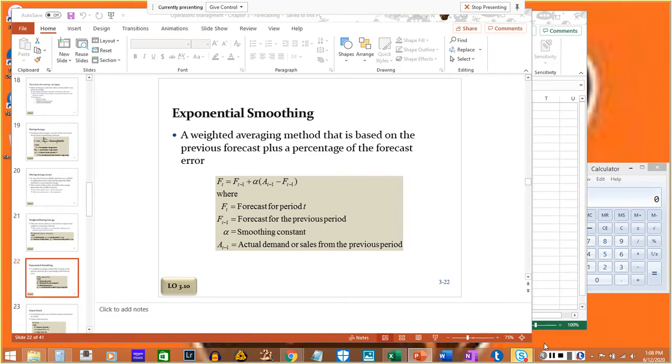We'll move on to the third time series forecasting averaging technique, and that's called exponential smoothing. Exponential smoothing is a weighted averaging method that is based on the previous forecast plus a percentage of the forecast error.